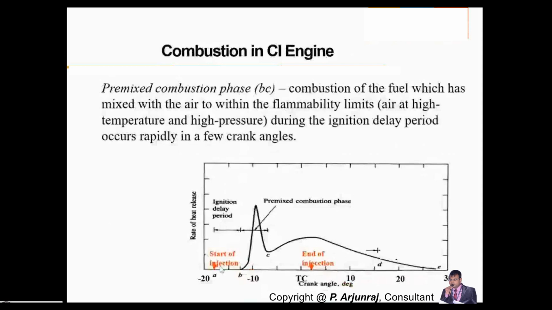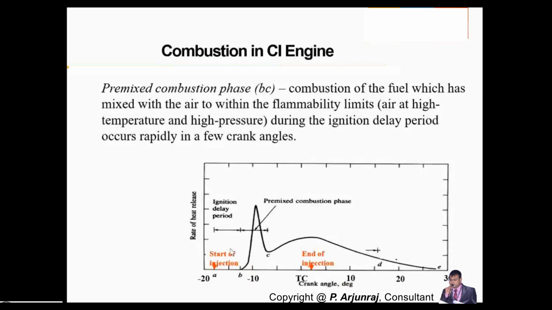The next phase, after the ignition delay, starts. What happens? Your peak pressure is going to be higher, and the rate of heat release is going to be higher when air and fuel get mixed up, and the fuel comes from the fuel injection system. Once the fuel gets injected, this fuel will react with the oxygen present in the air, at high compressed pressure.